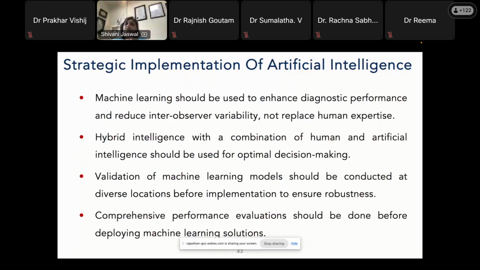Validation is very important, and it should be conducted in various locations before implementation. Like I said before, how I interpret or infer data may be different from how it is done at some other place. So this tool should be validated at multiple places before it is put into use.